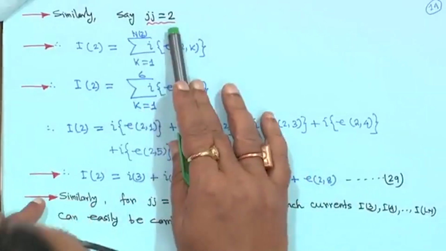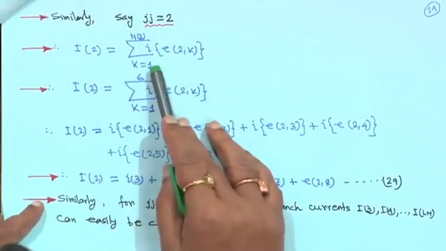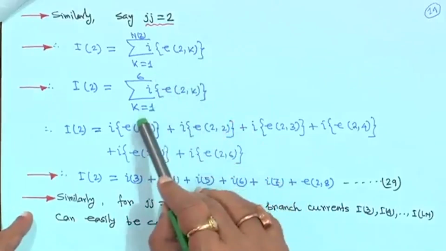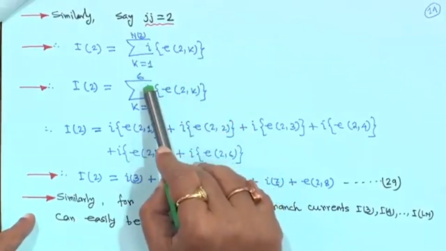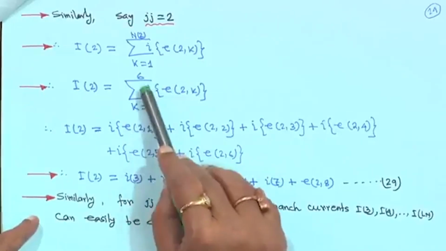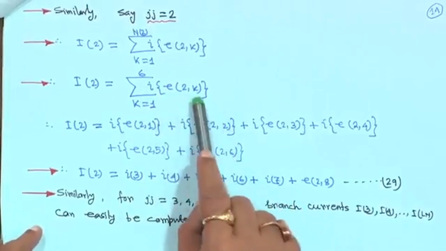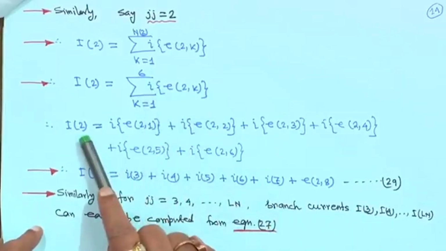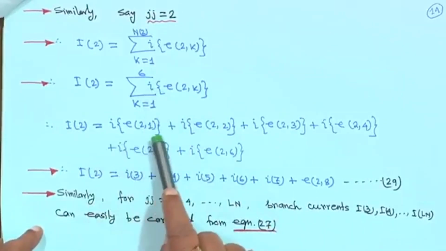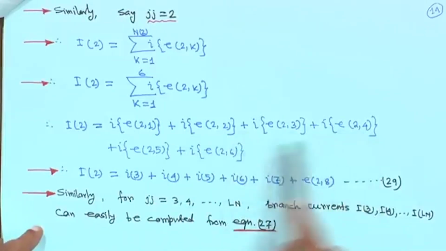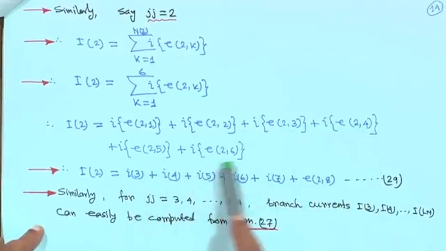So, for JJ is equal to 2, I2 is equal to the sum over k is equal to 1 to N2 of I E 2k, right. So, that means N2 is equal to 6 we have seen, right, and k is equal to 1 to 6, because JJ is 2, it is E 2k. So, capital I2 is equal to I E 2 1 plus I E 2 2 plus I E 2 3 plus I E 2 4 plus I E 2 5 plus I E 2 6.